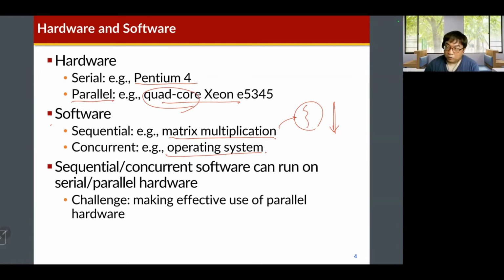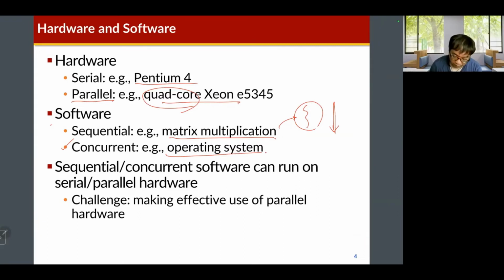Also, most modern applications such as web browsers generate multiple threads. So we can also design software for parallel processors.